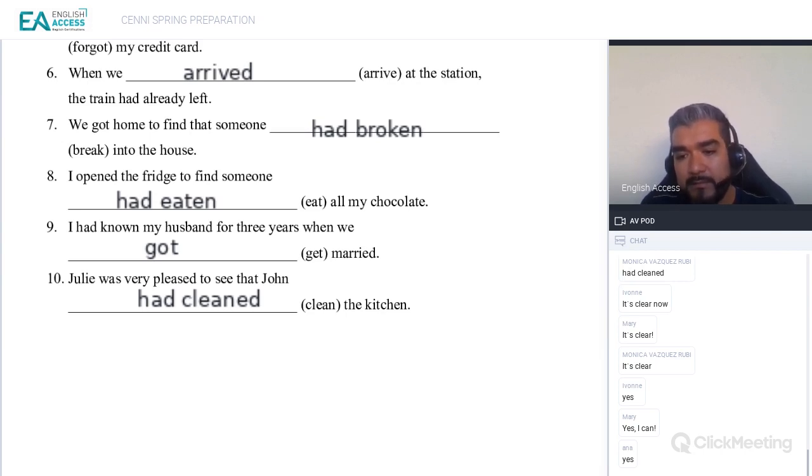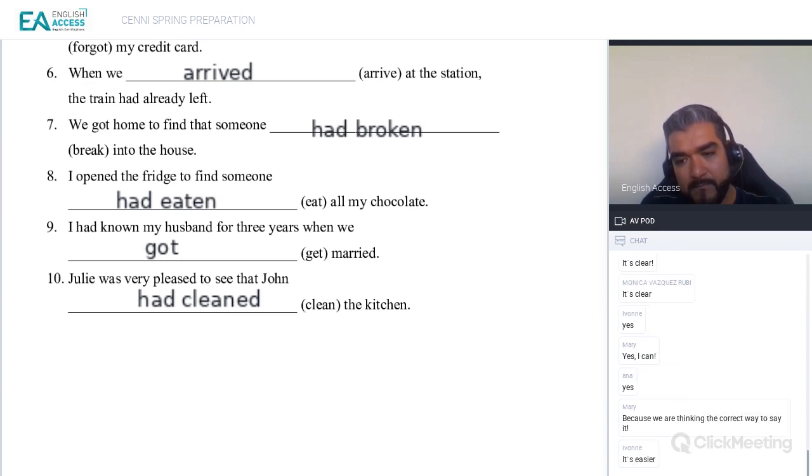Nobody knows why. When you write, you use good connectors, but when you speak, you don't. Yes, because when you write, you have more time to think, right?